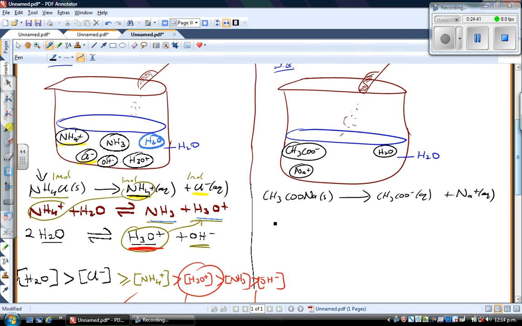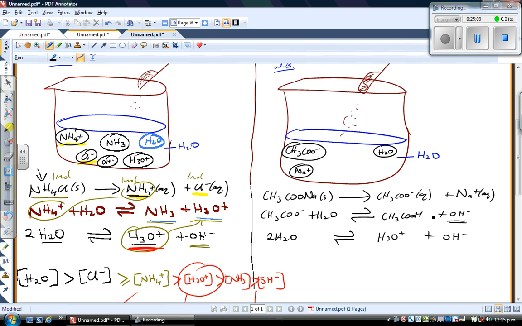The next equation then is the ethanoate sets up its own equilibrium with water. So reacting with water sets up an equilibrium and it forms the ethanoic acid plus some hydroxide ions. So in this case we have a slight excess of hydroxide ions, which accounts for the fact that it's a weak base. And of course, the dissociation of water equation, as ever present, must be considered.